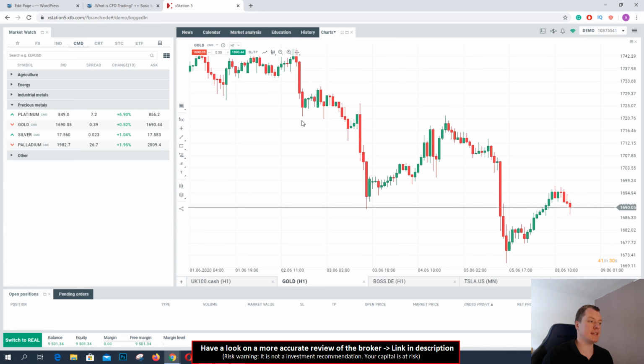You can easily buy a stock, you can easily sell a stock, you can earn money very easily on falling prices and rising prices. The next advantage of CFD trading is that you only need like $10 to start trading CFDs, depending on your broker, but most brokers only need a small minimum deposit for starting to trade CFDs.